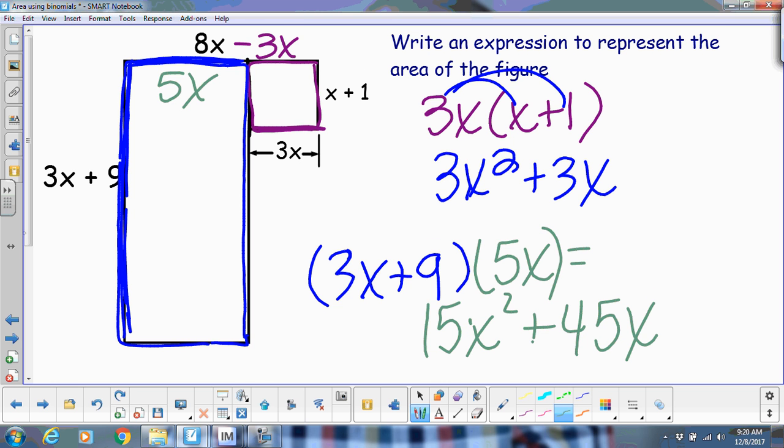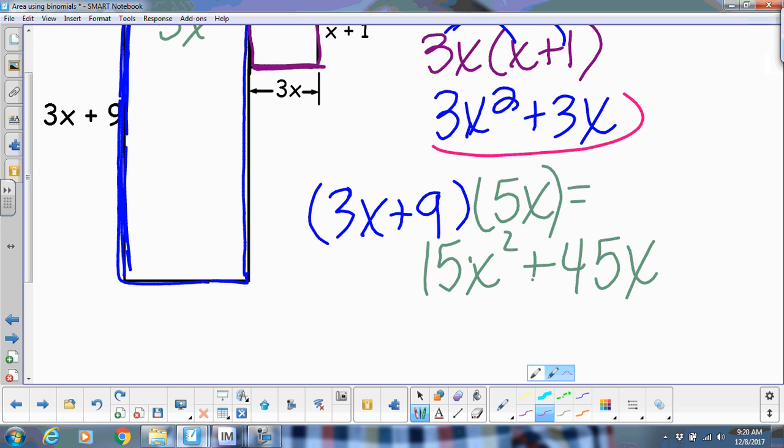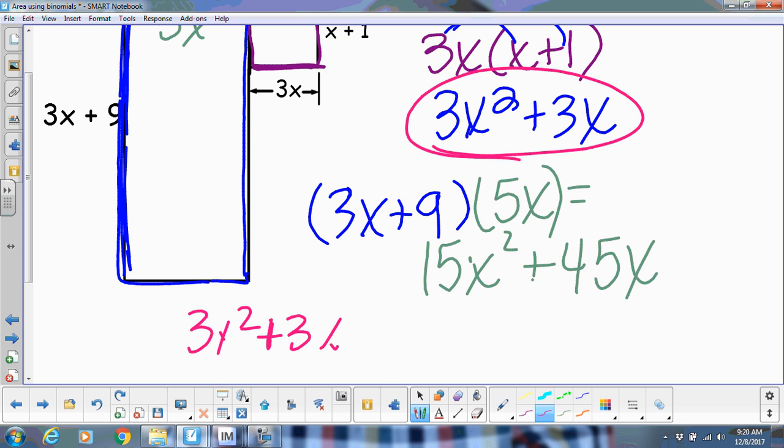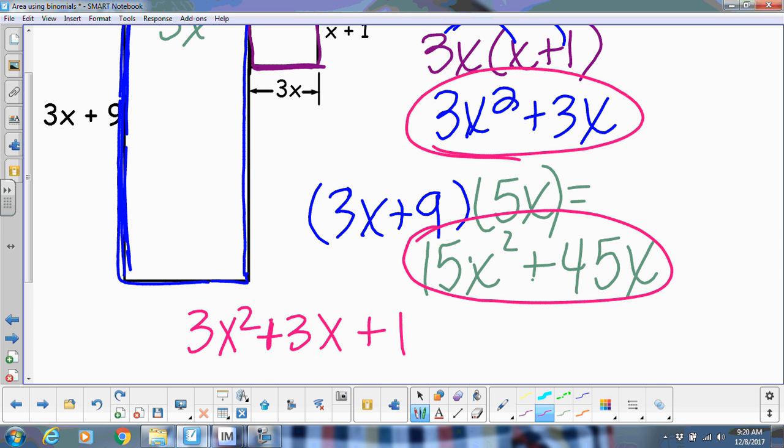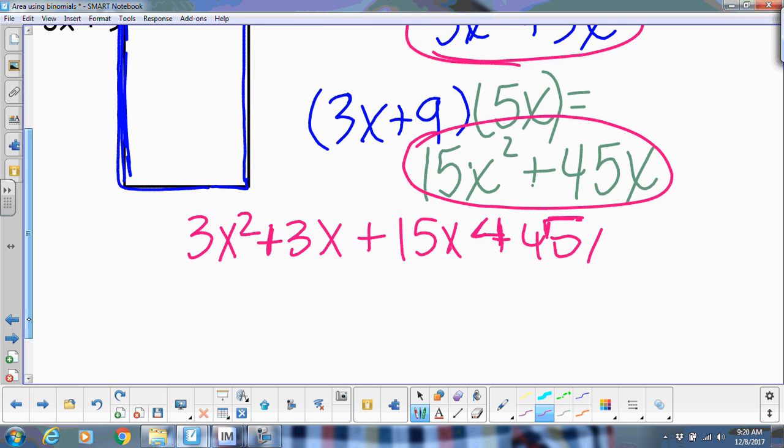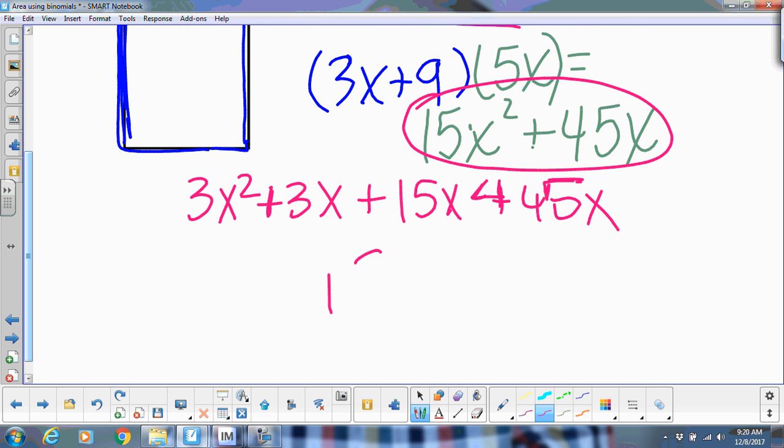So, just so I understand, I'm adding this plus this. And what is that going to give me? 18x squared plus 48.